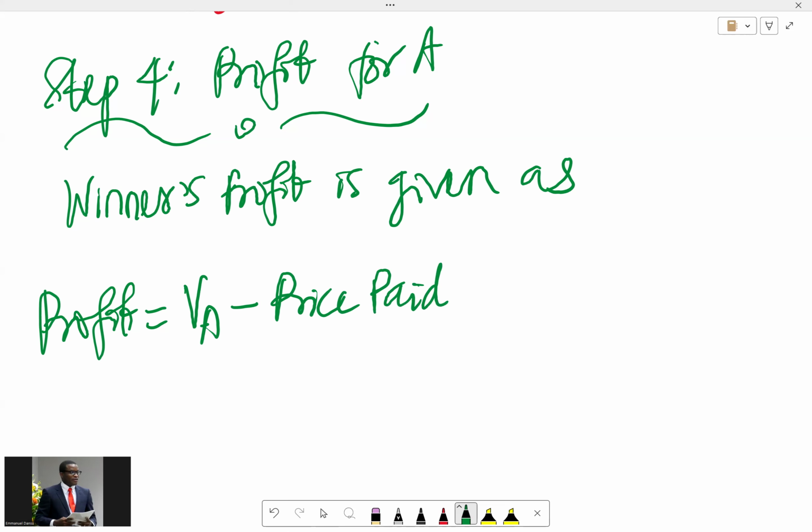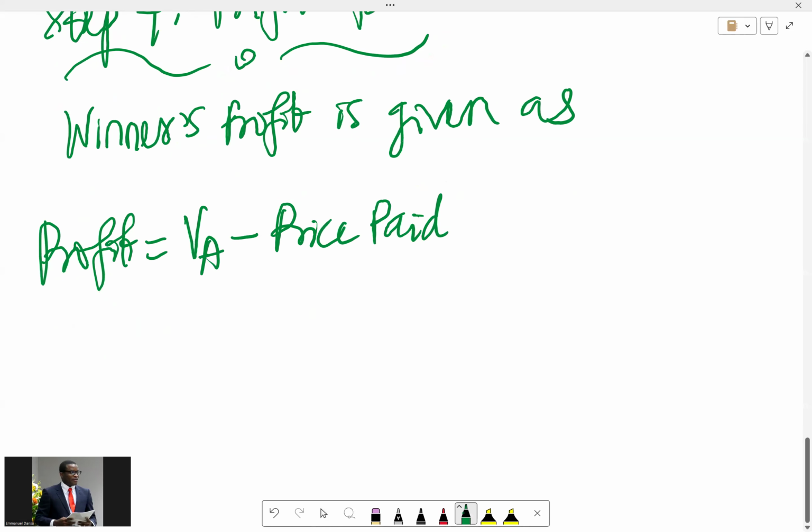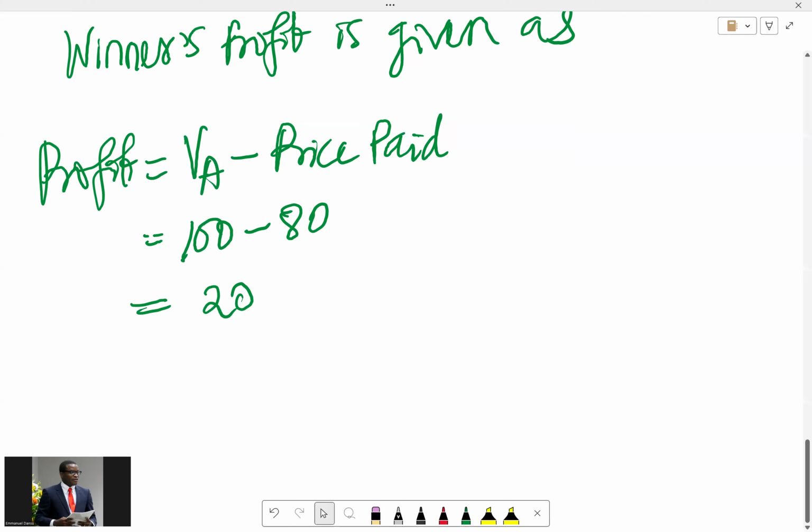A valued the item at 100, but the second highest bidder valued it at 80. So A's profit is his valuation minus the actual price paid, which is 100 minus 80, and that is equal to 20. So A makes a profit of 20.